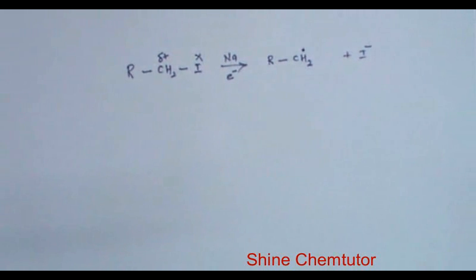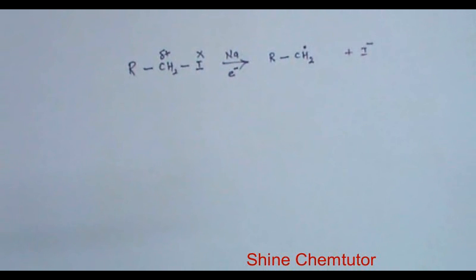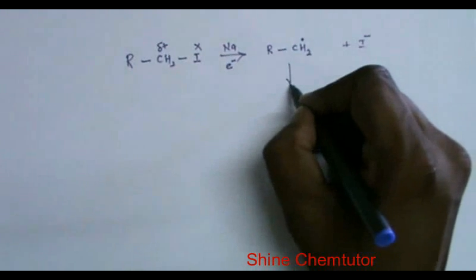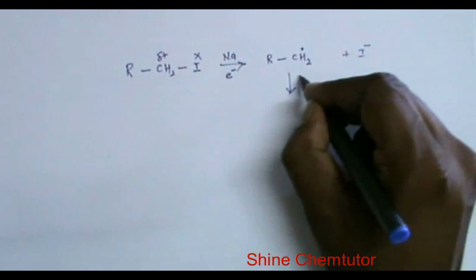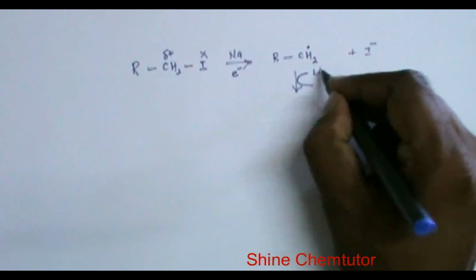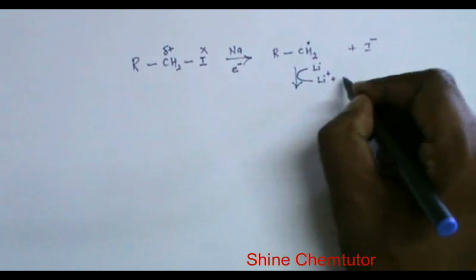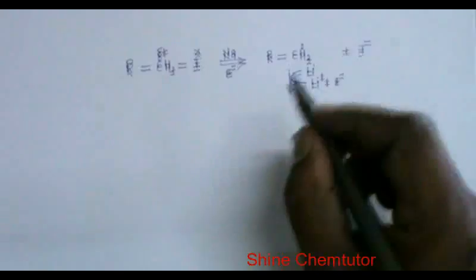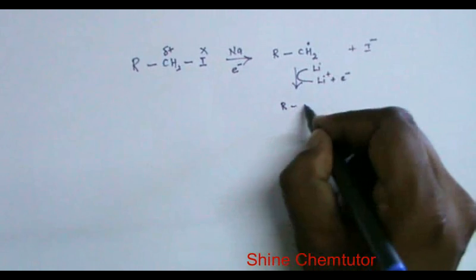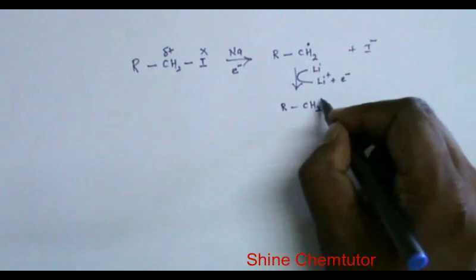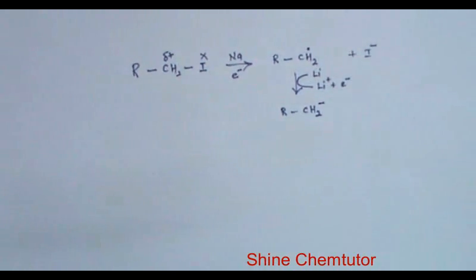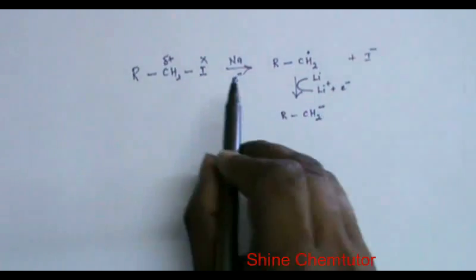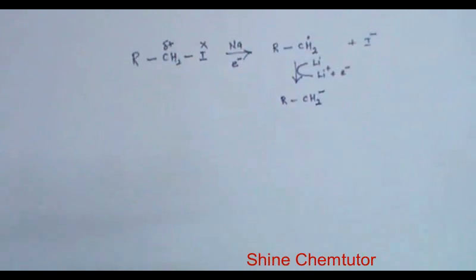It is not a radical, it is one electron. Further, one more electron will be given by another equivalent of lithium. We get minus charge. Now 2 electrons have been donated, so that is equal to minus charge.